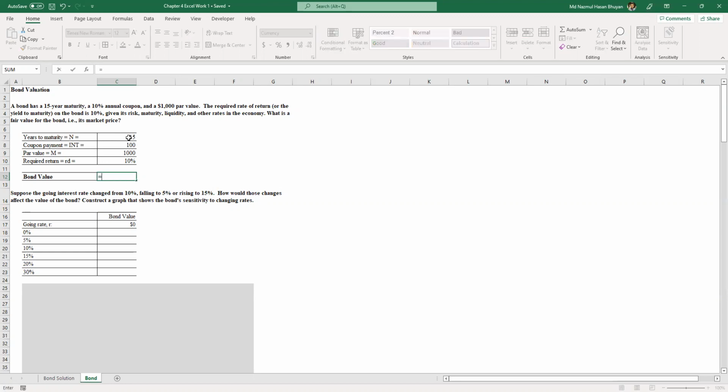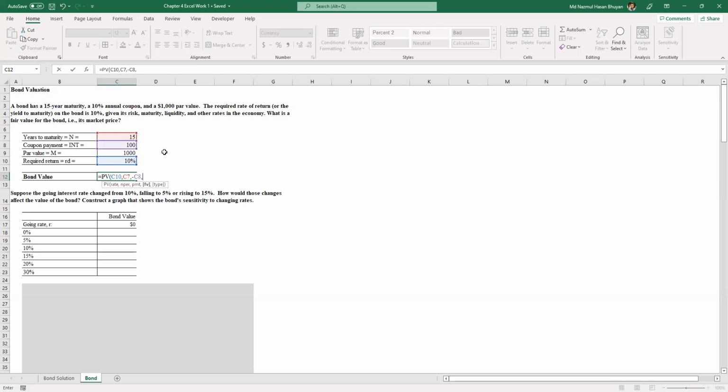All right, so let us calculate the bond price. So here, rate, required rate is 10%, nper 15, coupon 10% of $1,000, 100, negative 100.